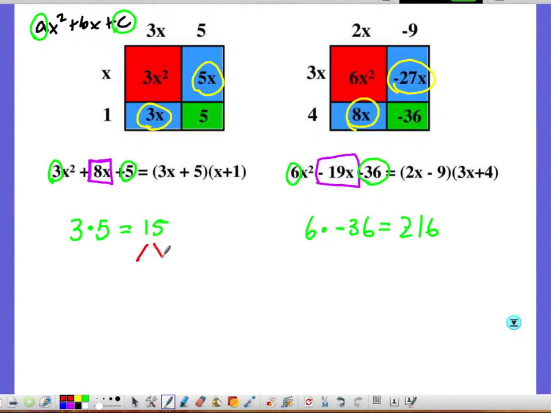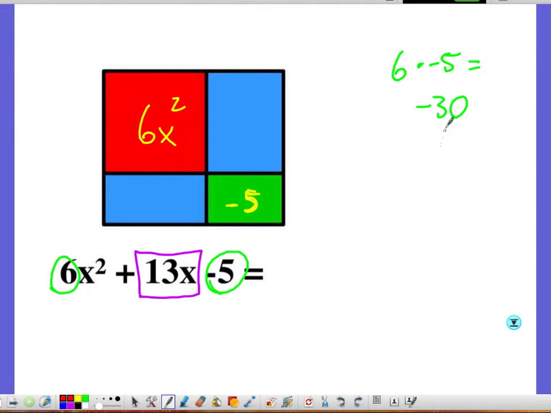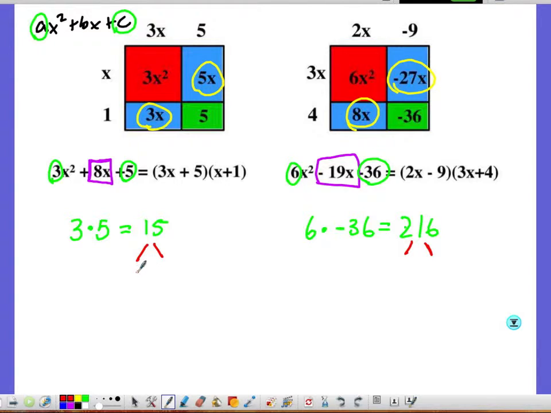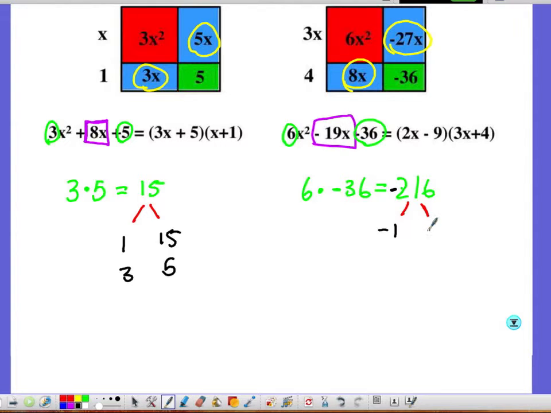What we do now is we basically find all the different pairs of factors that we can think of. So for 15, the obvious one is going to be 1 times 15, but you also have 3 times 5, and that's basically it. What about 216? Well, this is negative 216. The obvious easy one to come up with is negative 1 and 216.